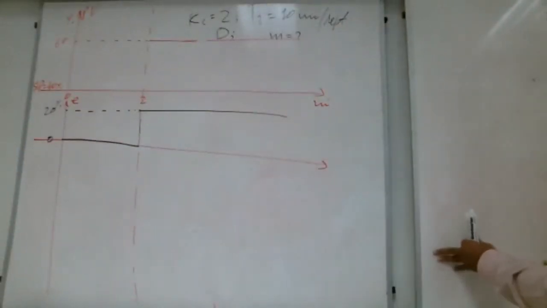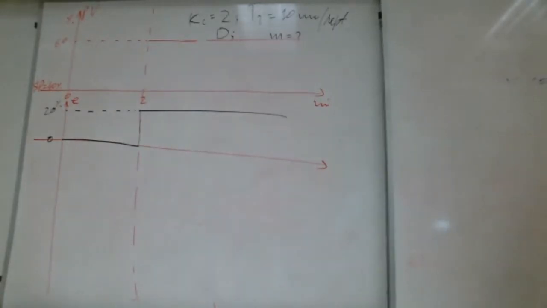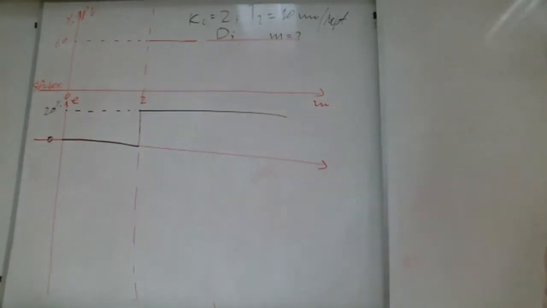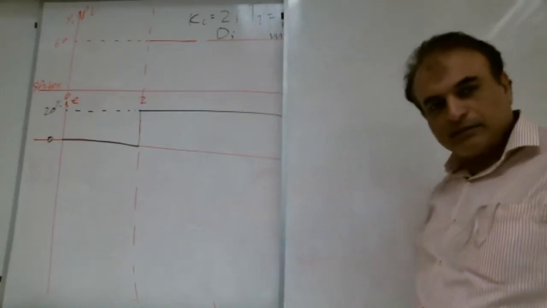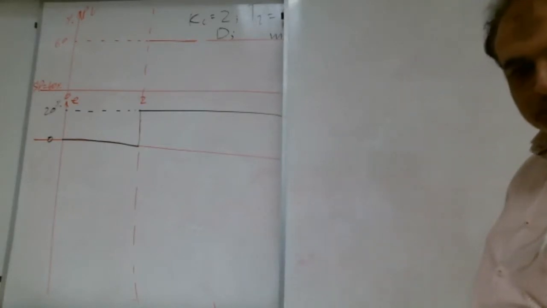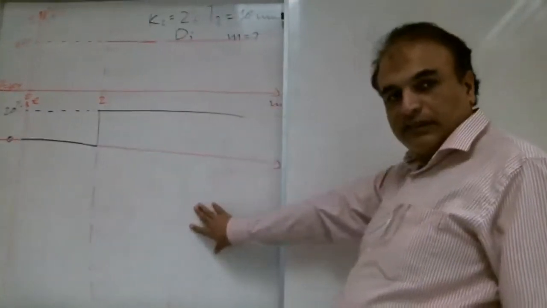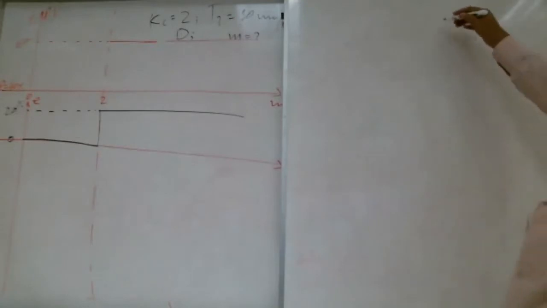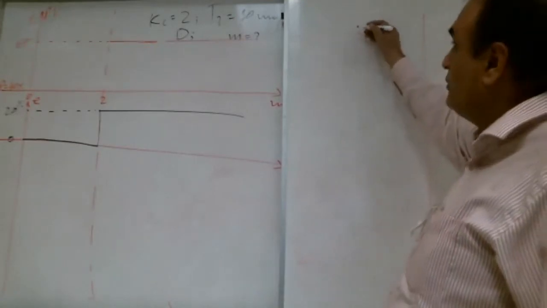How many parts does this curve have, Shabab? Lot of brothers they are writing 2. That's good. Yes, you have any question? Please ask. So this curve has 2 parts. What is the first part, Shabab?